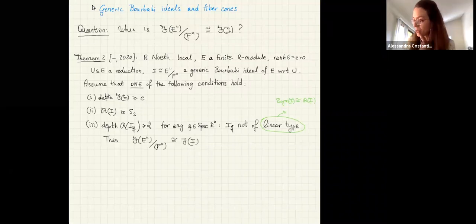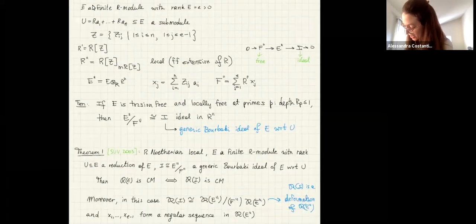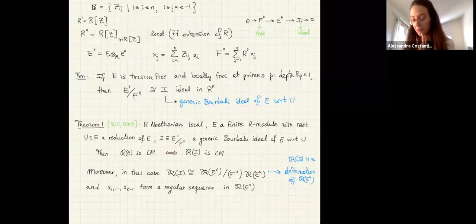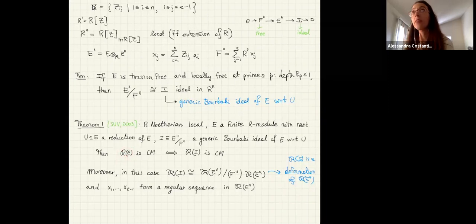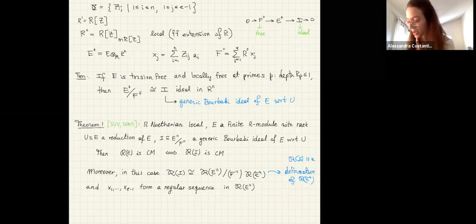Okay, so let me tell you a bit where this condition comes from. And to do so, I need to go back, pardon me, to the previous slide. How do we prove that these Cohen-Macaulay conditions go back and forth? Well, in this direction, when the Rees algebra is Cohen-Macaulay, you happen to have that the grade of the positive part of the Rees algebra is at least the rank. And that's the condition you need to prove this implication.